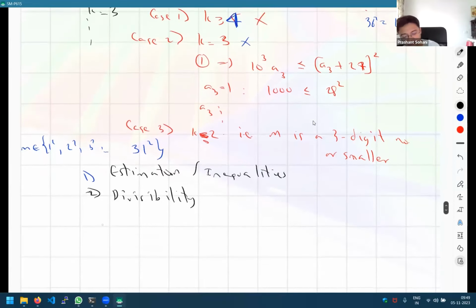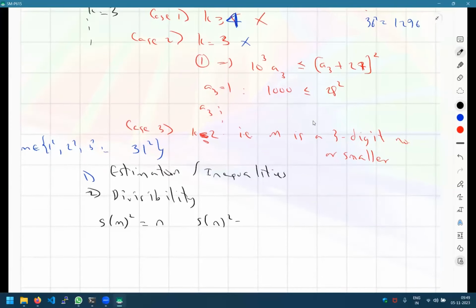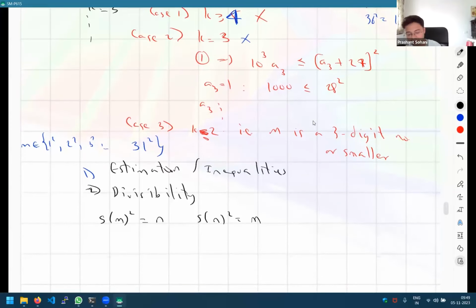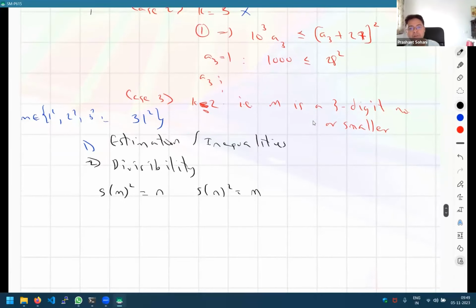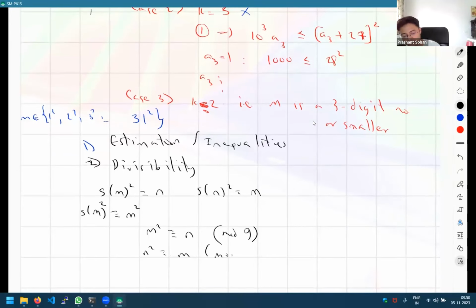Because remember, going back to what is given, s of m square is n. Then we can use mod 9. Yes, exactly, we can use mod 9, because we know that the sum of the digits will be congruent to the original number. So if I put both of these things together, modulo 9, s of m is congruent to m. So I need m square congruent to n modulo 9 and n square congruent to m modulo 9.